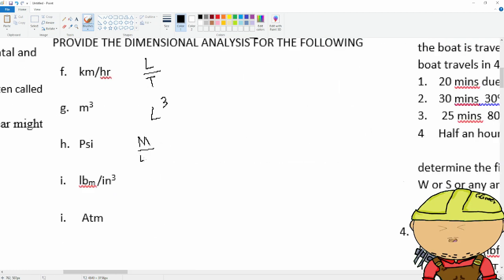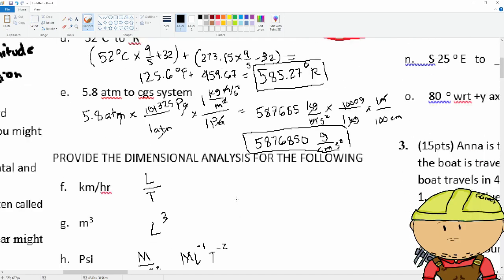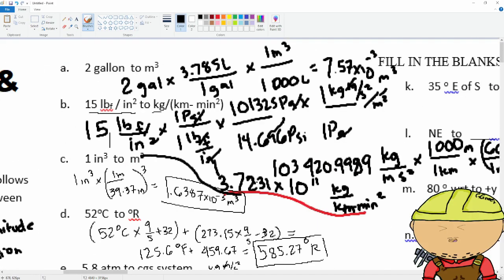Mass length T squared, or M L negative 1, T negative 2. The same for this one. This one is mass over length cube. That's the dimension of it. Just look at the unit. Pound mass per inch cube. It's length. Okay, is that it?